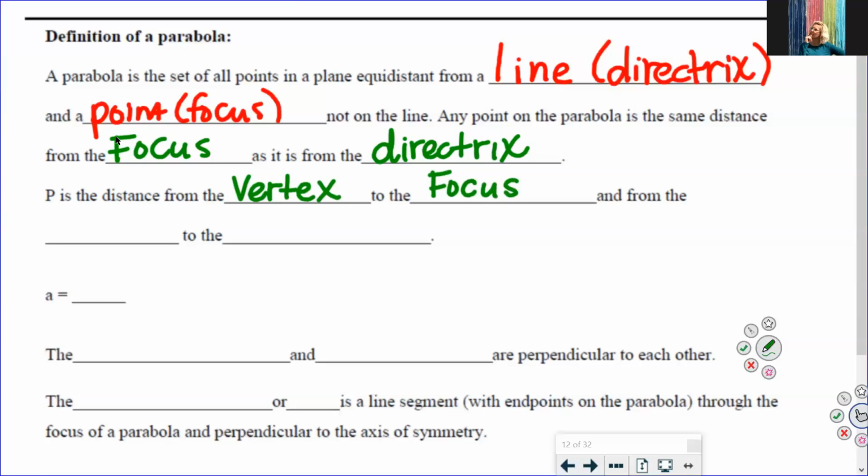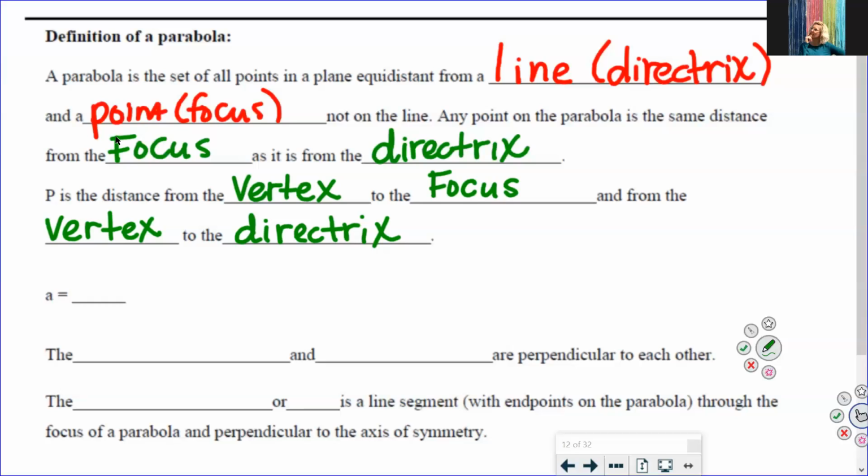And from the vertex to the directrix. All right, and then A. Remember, the reciprocal of A was the official focal width. And how many P's were in the focal width?